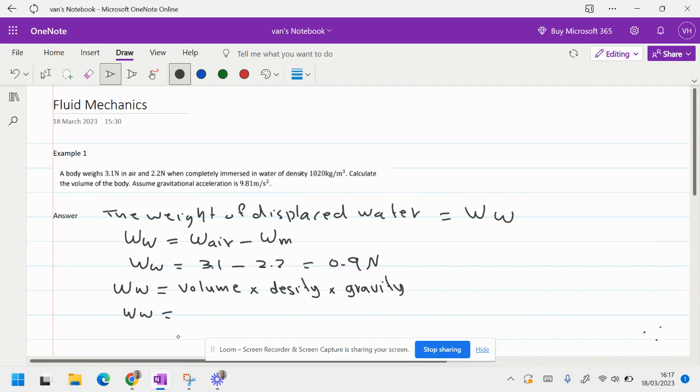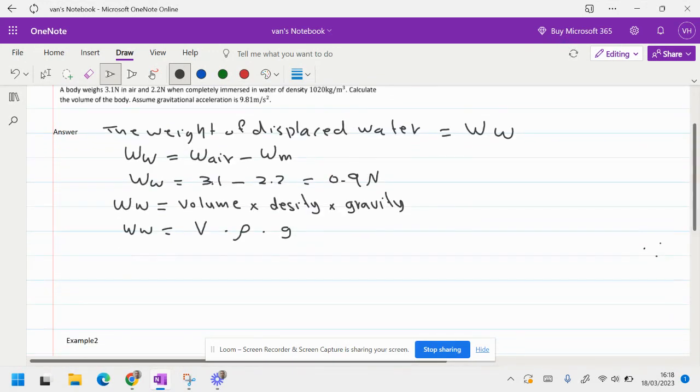Let's write it down as letters instead of words: capital V instead of volume, rho instead of density, and g instead of gravity. So all I do now is put in the numbers. W_w was 0.9, volume is unknown, we want to find it, multiplied by density, which is 1020, multiplied by gravity, which is 9.81.